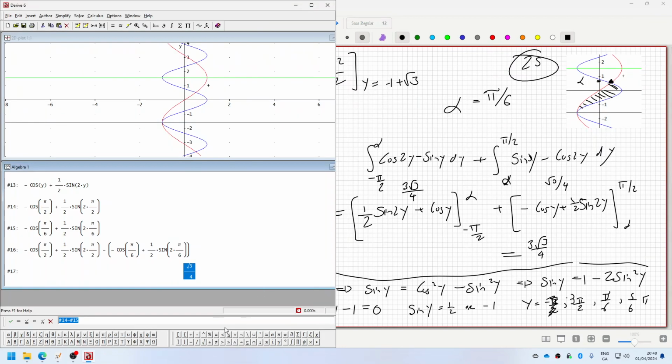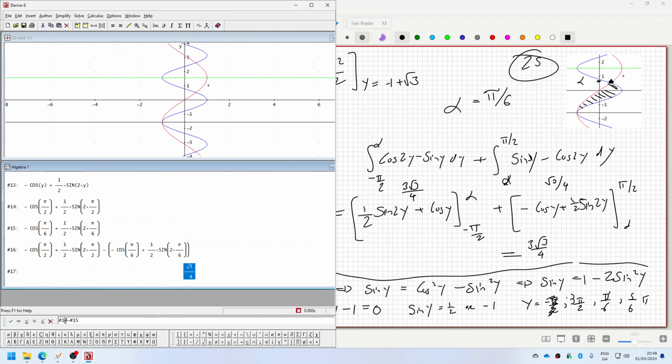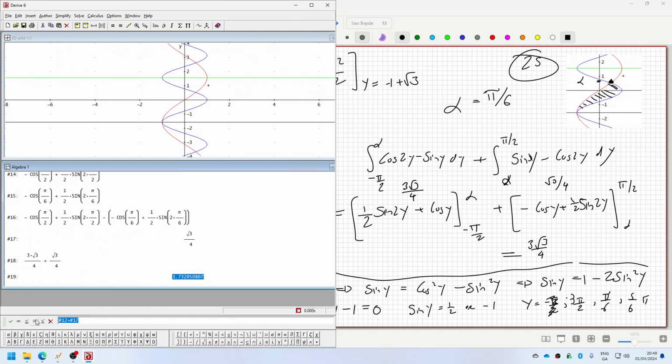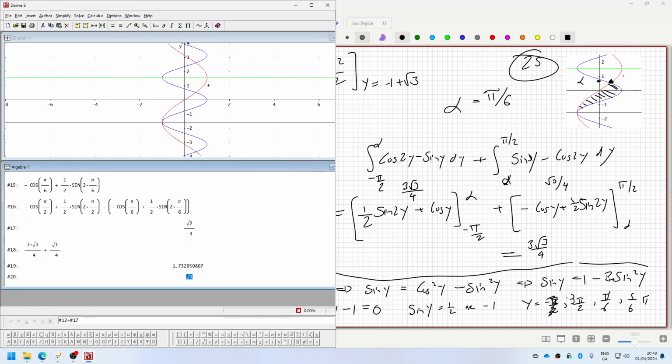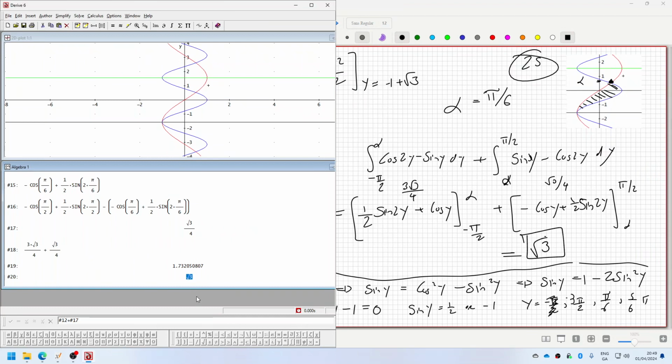That's looking like the same answer. That's what I'm getting. 12 plus 17. Yeah, that's what I got a moment ago. Root 3. And then that's root 3.